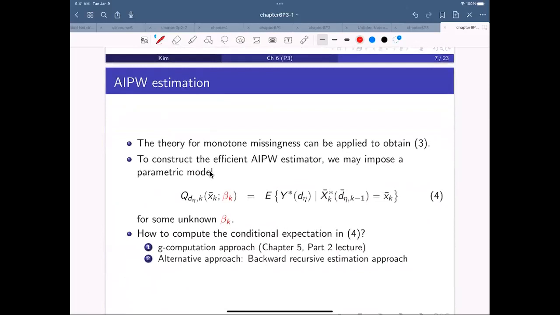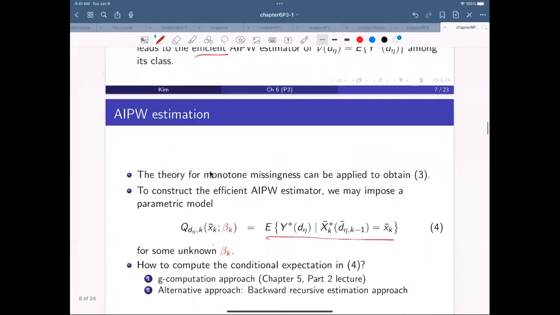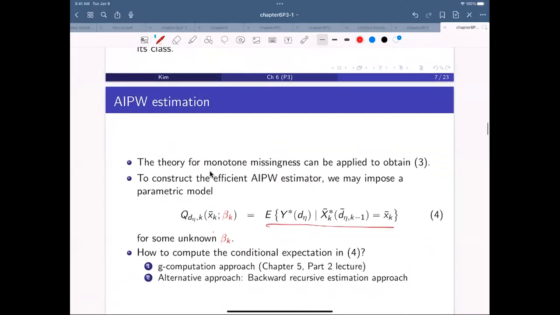So we already have this result: if you have a model, then we can use it to estimate the Q function and then apply it to the AIPW estimator. Then the question is how to compute this Q, the conditional expectation.